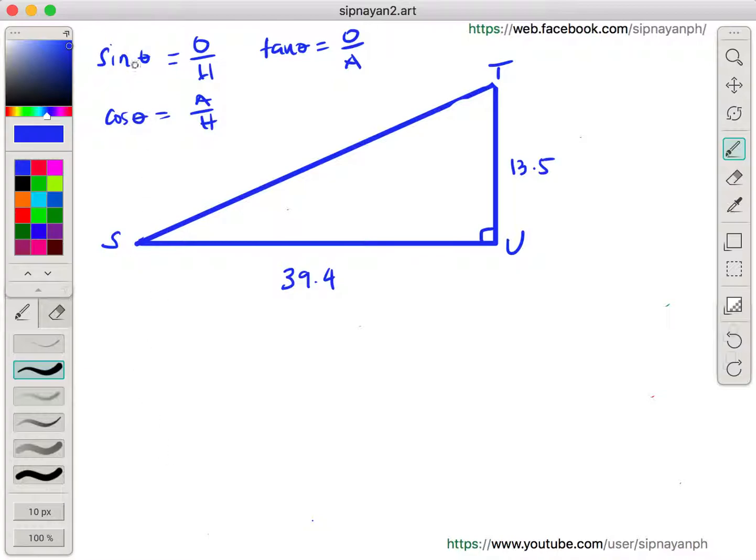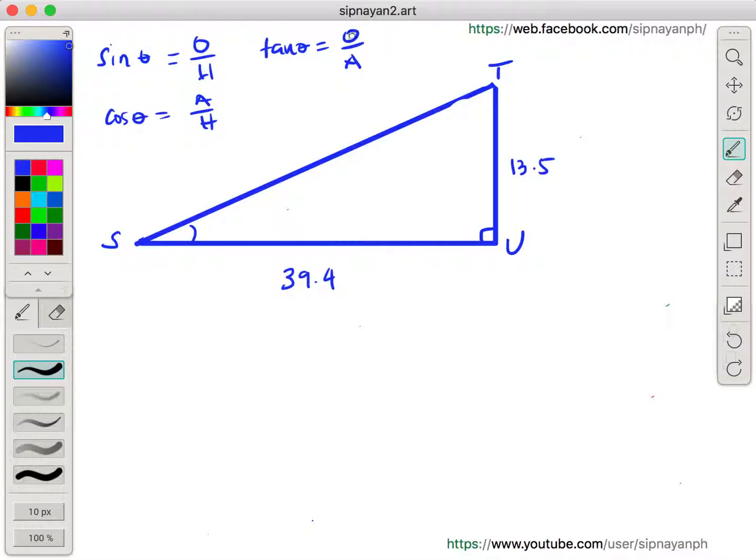But still, we will use one of these trigonometric ratios. So, kung gusto natin kunin, for example, yung angle S, then we can use the two given: yung opposite side tsaka yung adjacent side nung angle S. So, pag meron tayong opposite tsaka adjacent, ano gagamitin natin sa tatlong to?